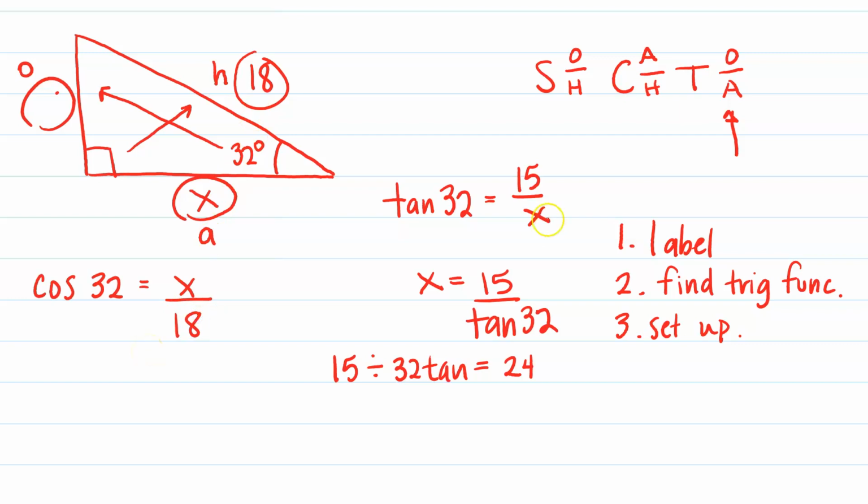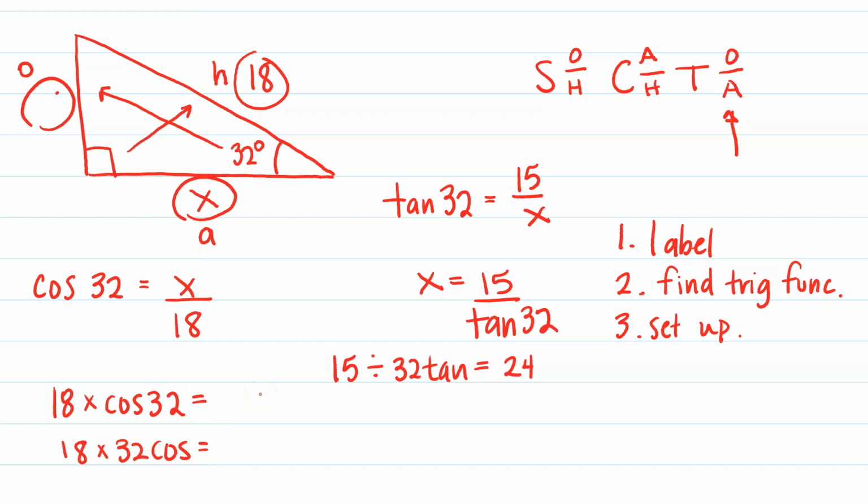Okay, this one looks different, right? Because now the X is on top. When I go to solve this, I'm going to cross multiply, and I'm going to get 18 times cosine of 32 equals. The way I'm going to enter that in my calculator, I have to enter 18 times 32 cosine. That's what I actually punch in my buttons.